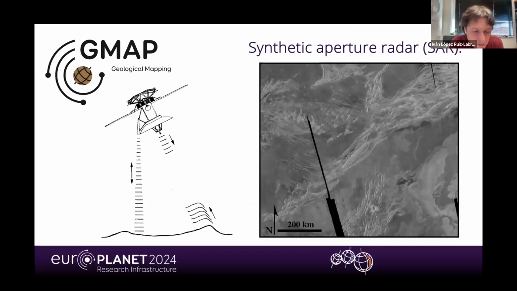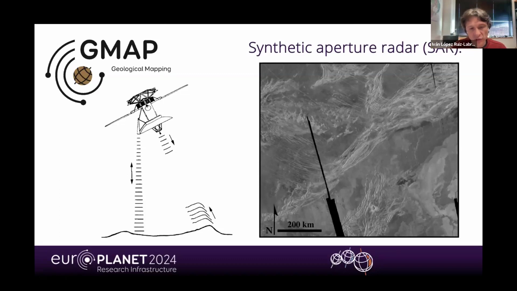So what are you seeing in a radar image? If you remember from the previous talk, all the images of the surface of Venus are in black and white, in tones of gray. What that means is that you are not really seeing an image of the surface, but the texture of the surface. All these different shades of gray, all these lineaments, are structures and materials, but very conditioned by the geometry of how radar works.